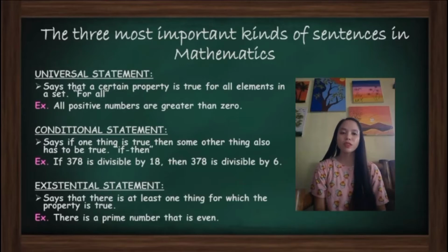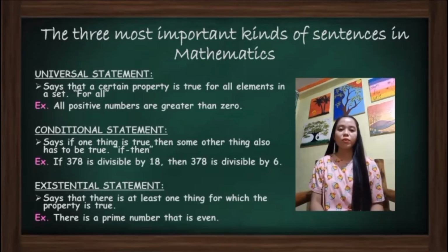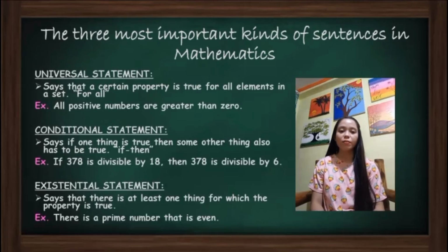So let's proceed to the universal statement. It says that a certain property is true for all elements in a given set. For example, all positive numbers are greater than 0. Another example is any number multiplied by 1 is equal to that same number.